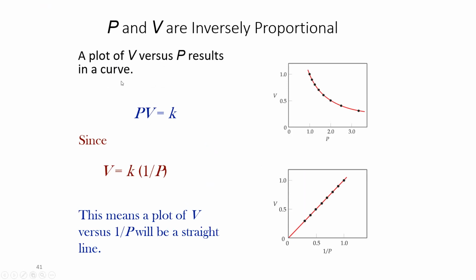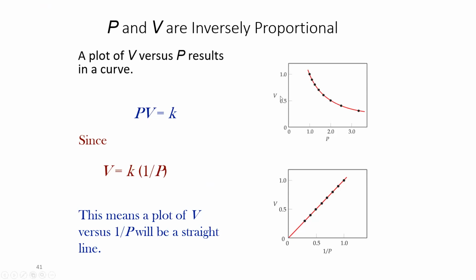Whereas the other ones we had like volume over temperature or pressure over temperature because they were directly related, as one increased, the other increased. Now, since pressure and volume are inversely related, as one goes up, the other goes down, they're going to be multiplying. So we'll have something like P1 V1 is equal to P2 times V2.